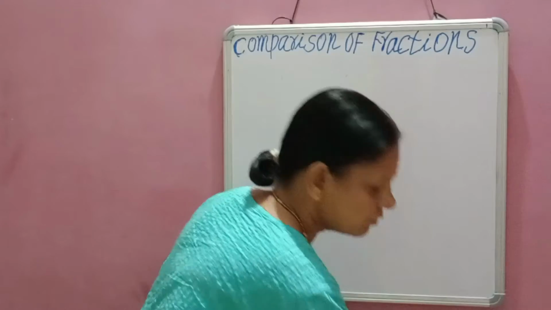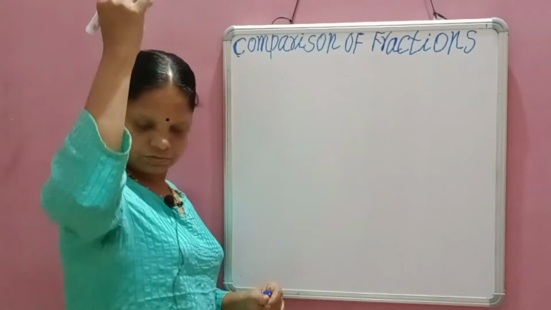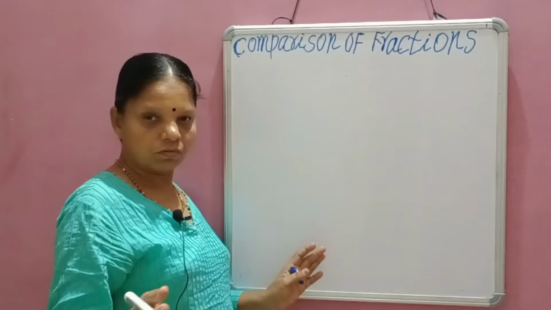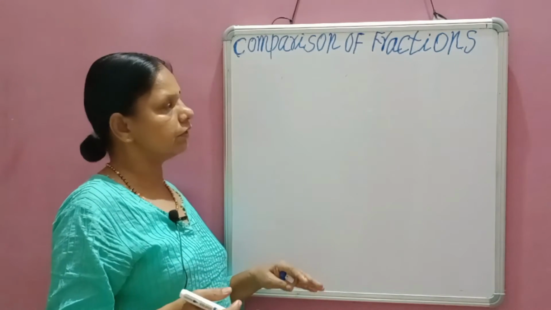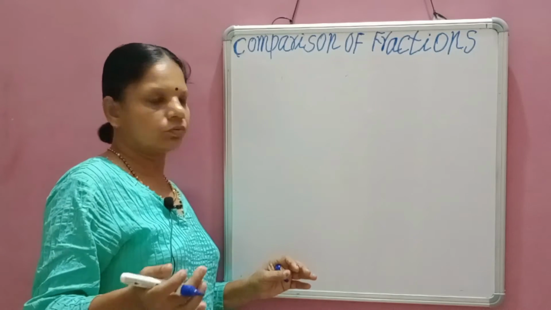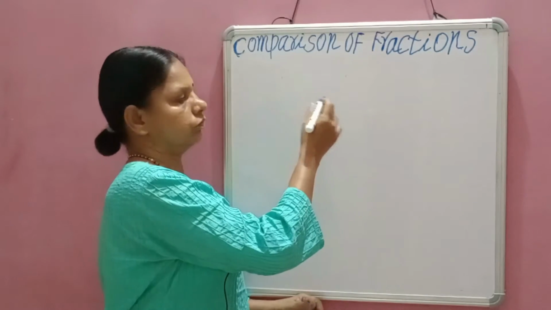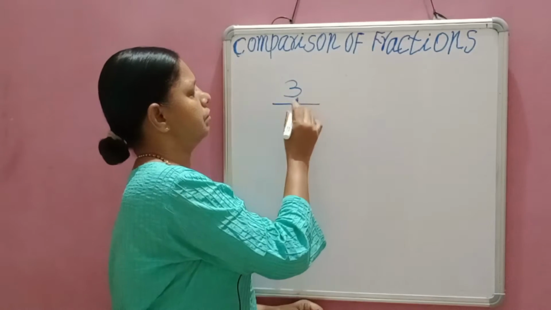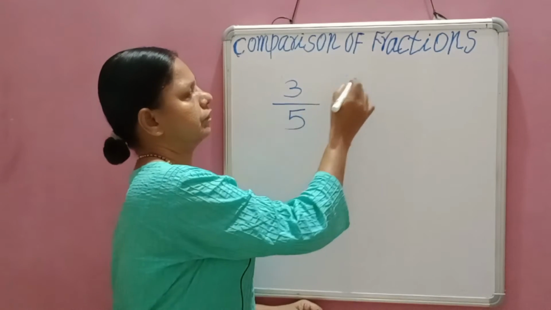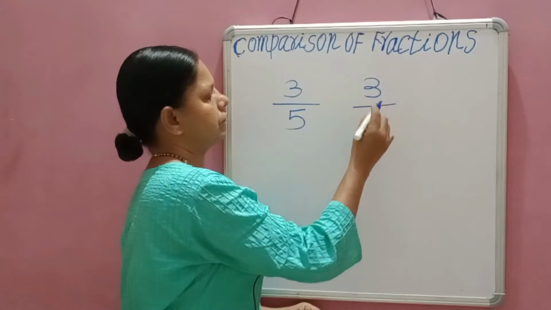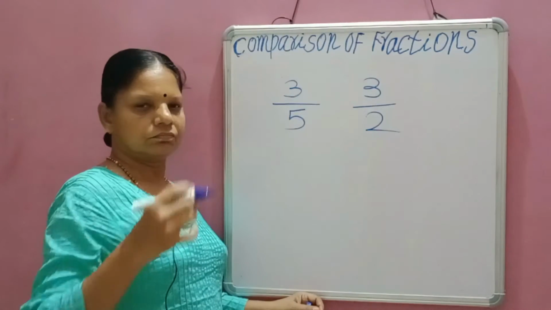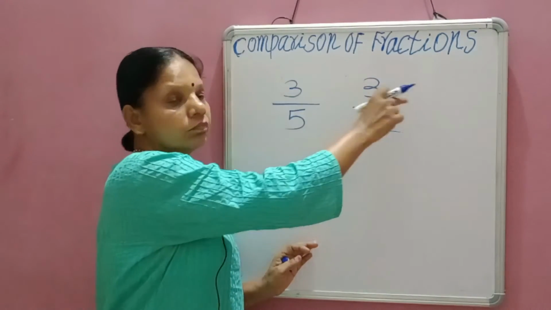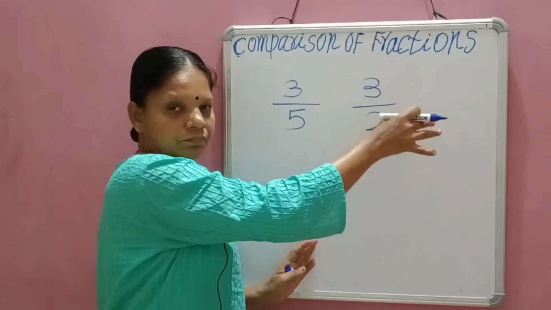Now, next case, when the numerators are same and denominators are different. When numerators are same for both the fractions and denominators are different, what will we do? 3 upon 5, 3 upon 2. Here also there is no question of seeing the numerators. Both are same.